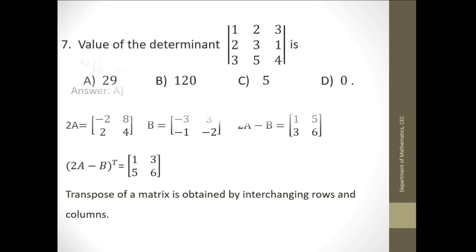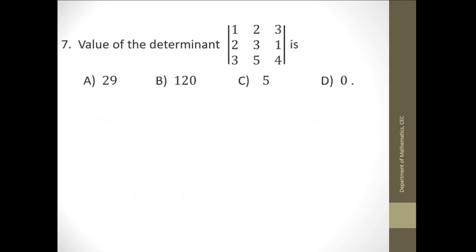Okay. Next one. To find the value of the determinant, no need to expand this determinant. Very simple technique. Just see the entries given. First row, second row. Sum of the first row and second row is the third row. Therefore, from the third row, if I subtract the first row and second row, it becomes 0, 0, 0. Third row becomes a 0 row, and hence determinant is 0.